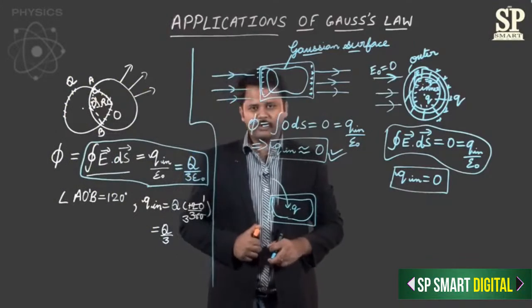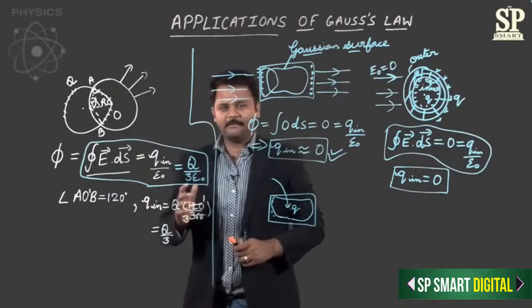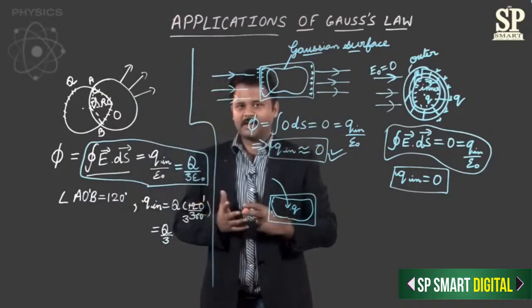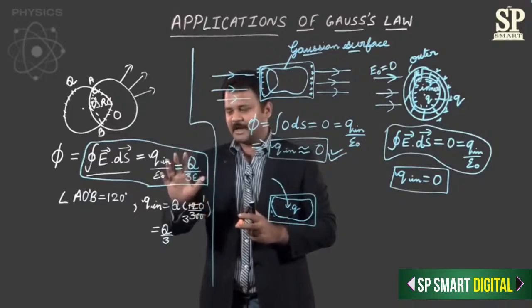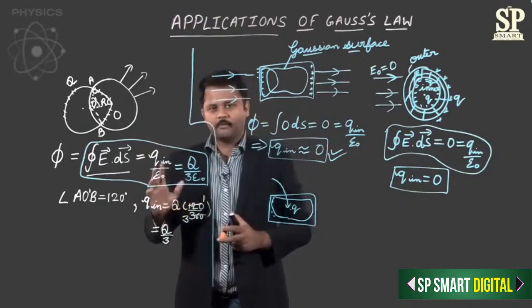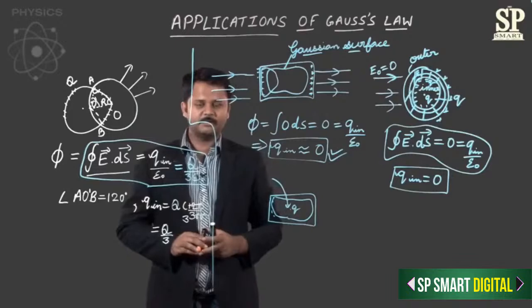Now next, what we are going to do is deal with a certain class of problems wherein we will be interested in finding out the electric field, where we are given, let's say, this charge distribution. Now can you find out what the electric field will look like due to this particular charge distribution?